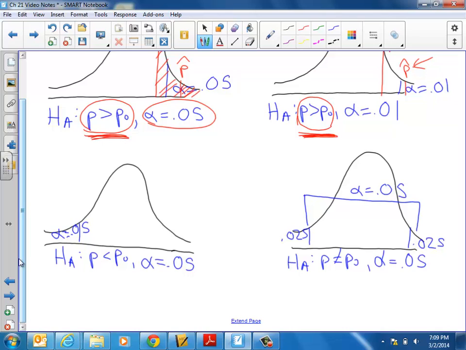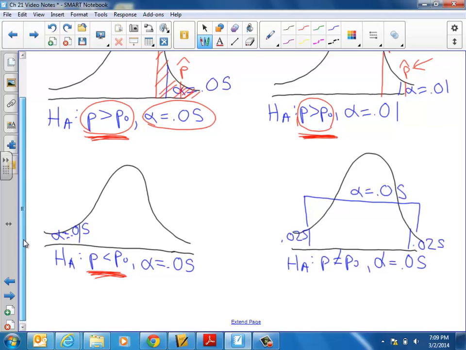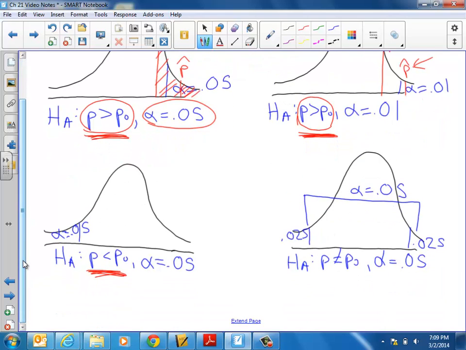If your null hypothesis was that the population proportion is like 0.60, and you're checking against an alternative that the population proportion is actually less than the null hypothesis proportion, your significance level, your cutoff, would just fall to the left of the bell curve. So again, if you had a p-hat over here to the right, you would fail to reject the null hypothesis because the probability... Let me back up.